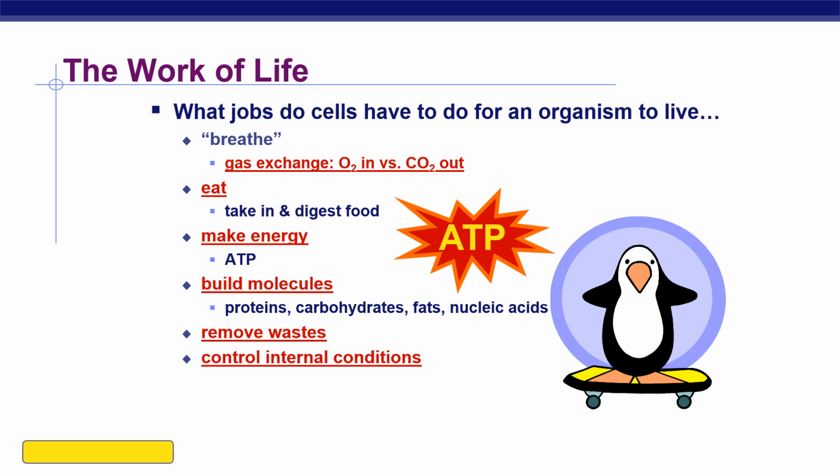It even controls internal conditions, and that is what we call homeostasis. If the functioning or the condition of our body is balanced, meaning to say our body is in a homeostatic state.